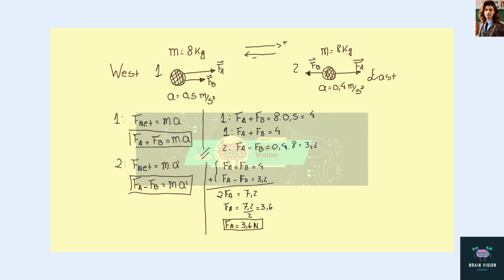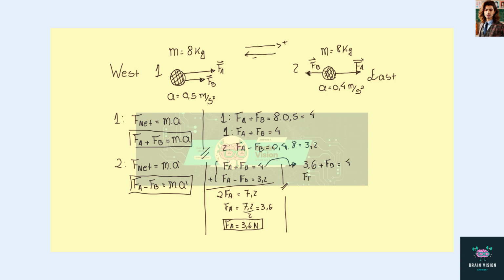Now, how can we calculate the force Fb? Well, now that we know the force Fa, we can plug it into either this equation or this equation to calculate Fb. Make your choice, it should not make any difference. I will choose the first one. So, 3.6 plus Fb is equal to 4.